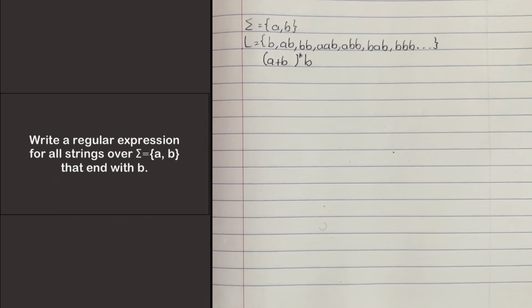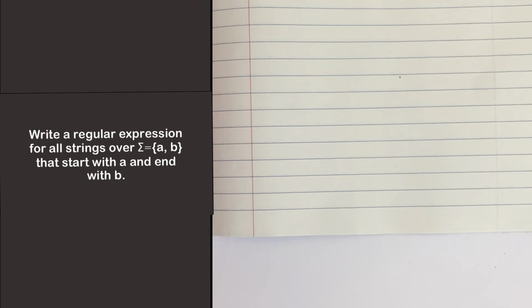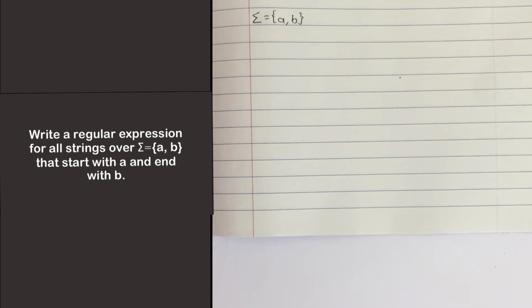Moving on to the next question. We have to write a regular expression for all strings over the alphabet {a, b} that start with an a and end with a b. This time we'll write down the language. What does the question imply?